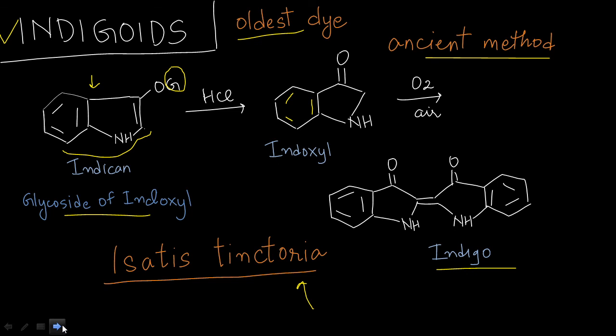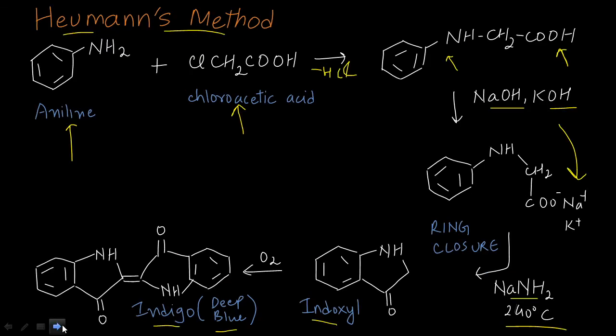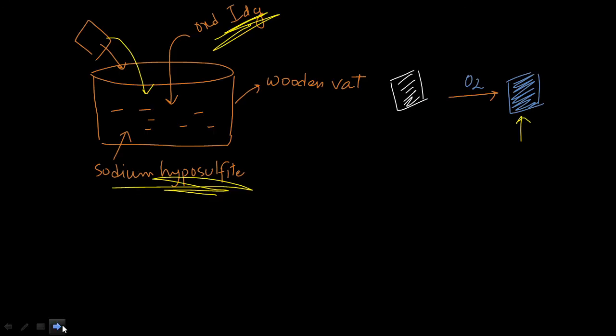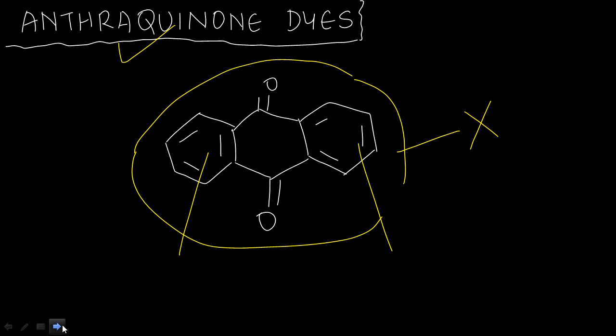Then we discussed indigoids, the ancient method and the Heumann method that involved aniline and chloroacetic acid, followed by salt formation, ring closure, and oxidation. Then we discussed how the dyeing process takes place with indigo tin white, and what a vat is.